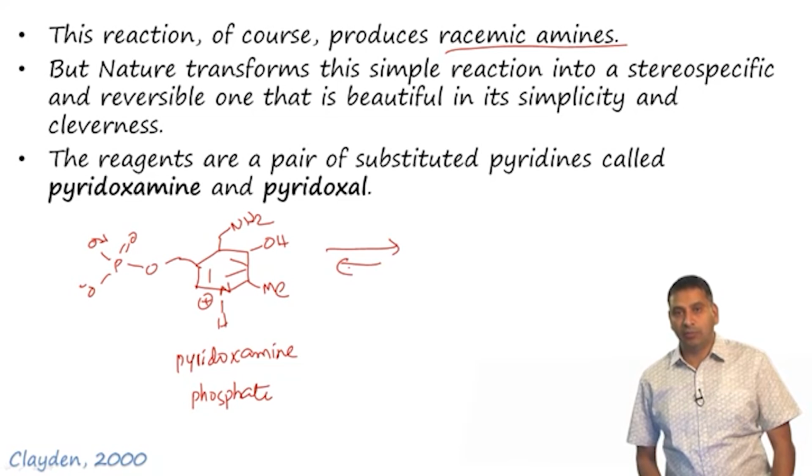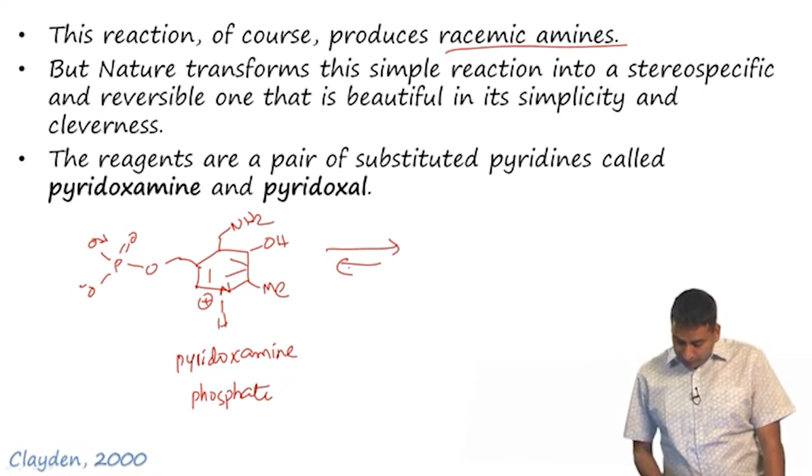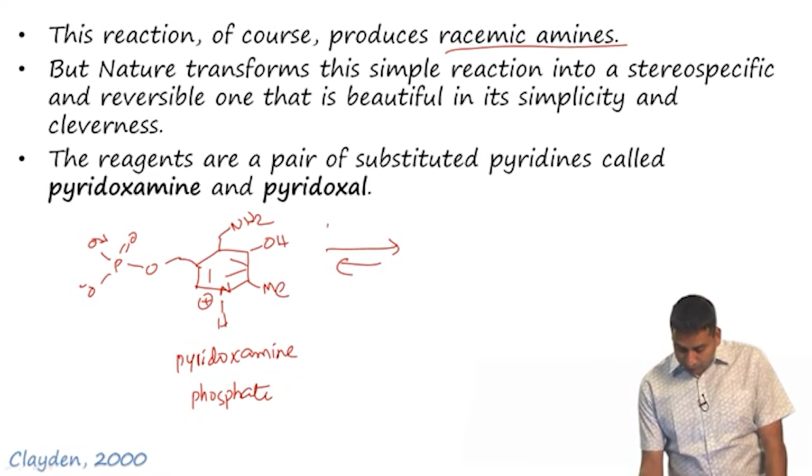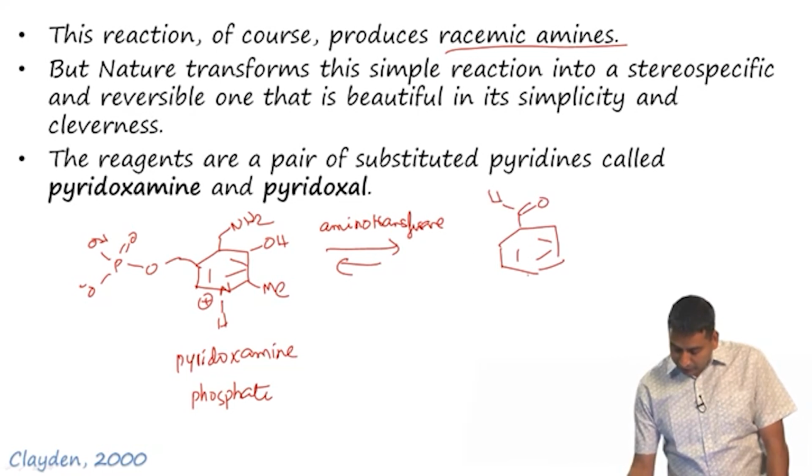This can be transformed to the corresponding aldehyde through the enzyme called aminotransferase, and it is going to give you the corresponding aldehyde, and this aldehyde is called pyridoxal phosphate.